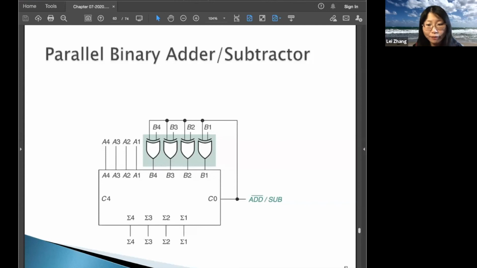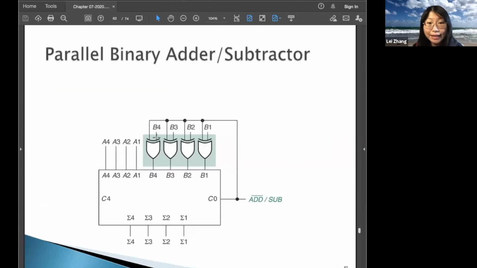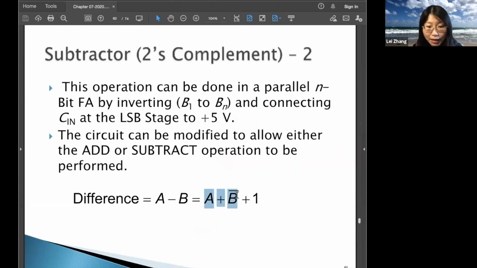But when it is 1, that means B gets complemented. B is inverted, and because it's 1, we get 1 added to the carry in. That is the form we got previously: A plus B's complement plus 1.